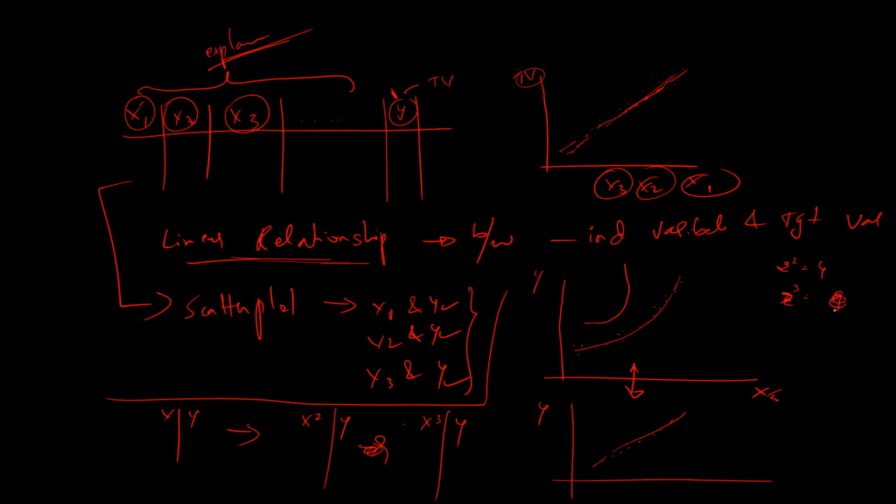Let's say we have 2, 3, 4 and 5. If I square the x-axis, this will be 4, 9, 16, 25.